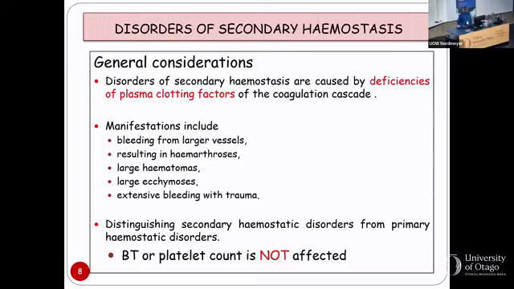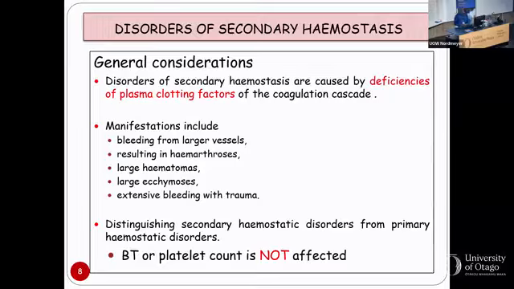All right, so in terms of secondary hemostasis, general things to consider are the fact that these disorders are mostly caused by deficiencies of clotting factors, which could also be congenital or acquired.